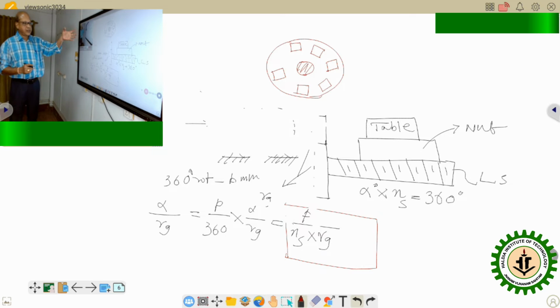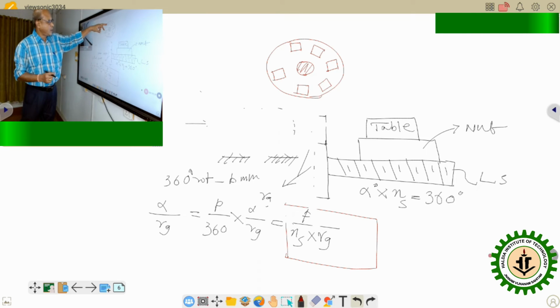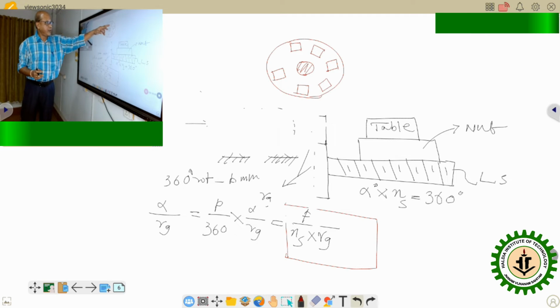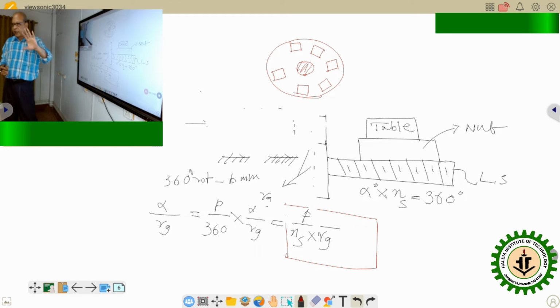So as the disc keeps on rotating, the photocells will be energized intermittently because the light will pass through the transparent regions only, and in the opaque region it will not allow light to pass. So alternatively transparent, opaque, transparent, opaque, you will have a number of pulses emitted by the encoder disc.